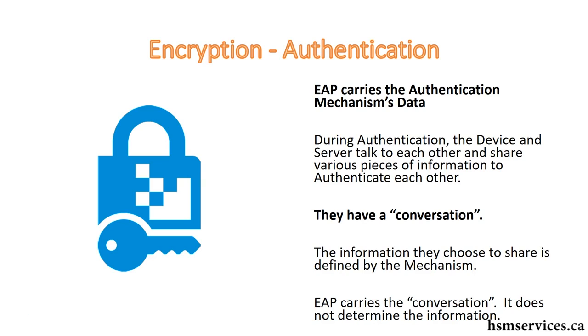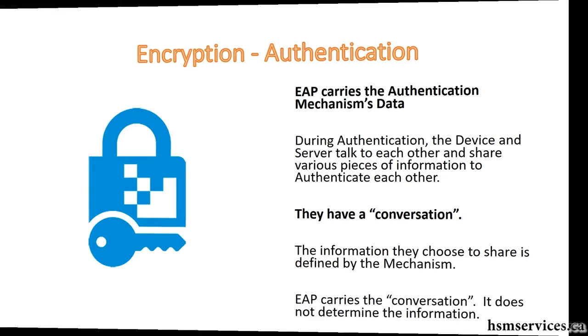So your phone connects to a server, and the server decides if the phone can get onto the network, and the server says, give me your username and password, or give me your certificate, and this conversation is being transmitted between the device and the server through EAP. But the way that the device and the server have their conversation is defined by the mechanism.